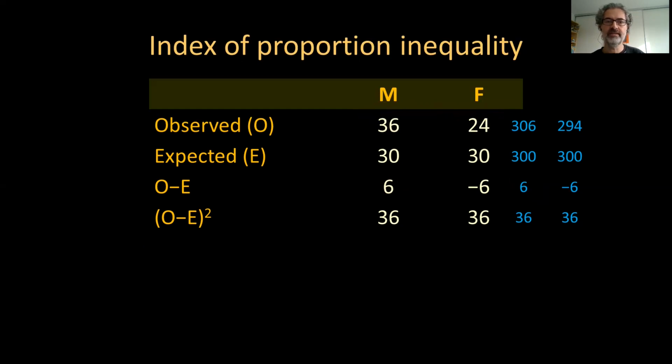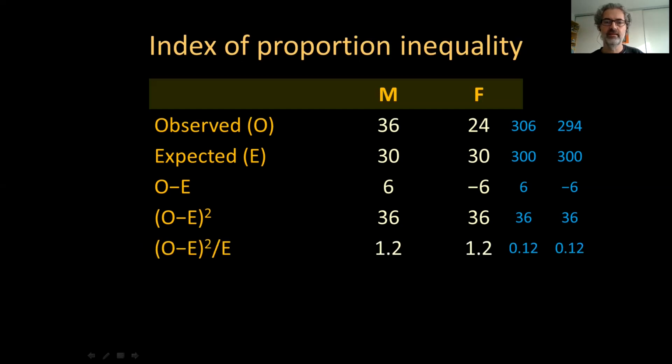This needs to be reflected somewhere in our index of inequality. So what we can do is divide the square differences that we have calculated by the expectation, by the expected values. So then we have a relative square deviation instead of an absolute square deviation.